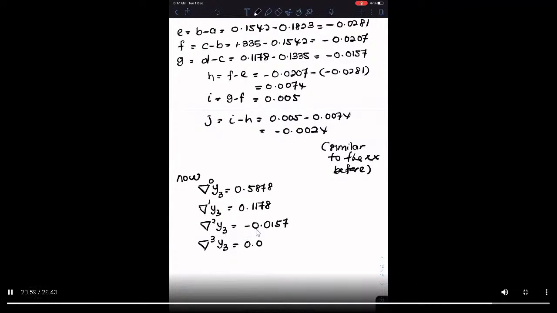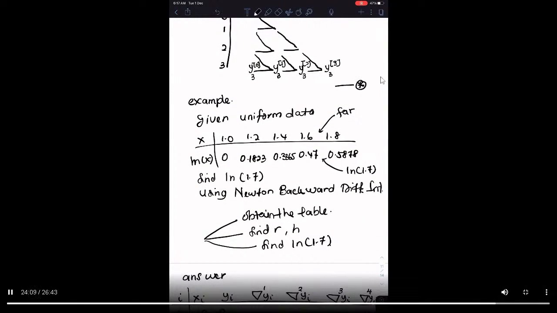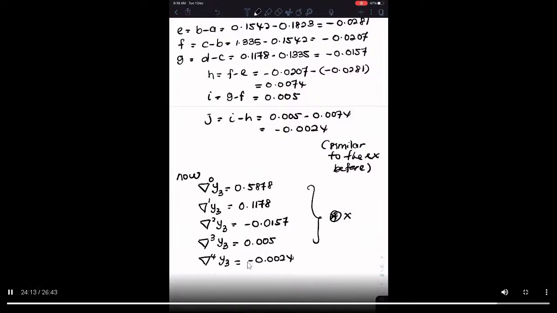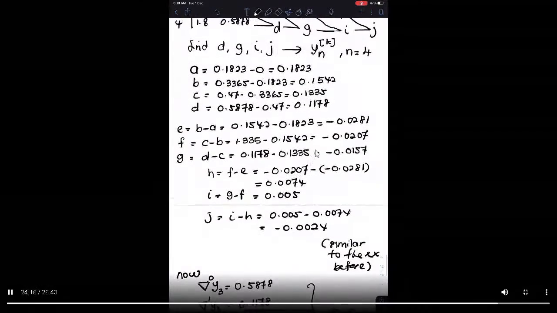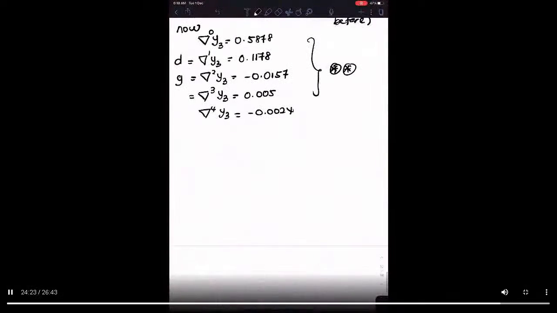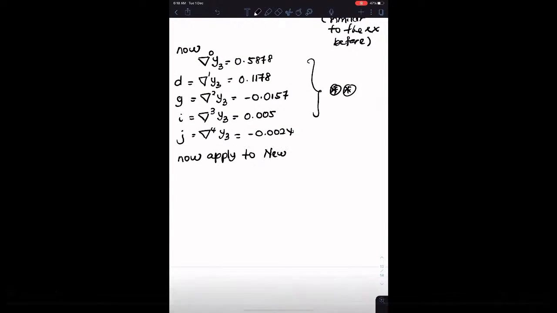Delta 2 y3 is negative 0.157, is G. Delta 3 y3 we want to find is H. We are referring to the table above, and then delta 4 y3 is J. So you need this D, G, I, J because you want to obtain the Newton backward difference formula.